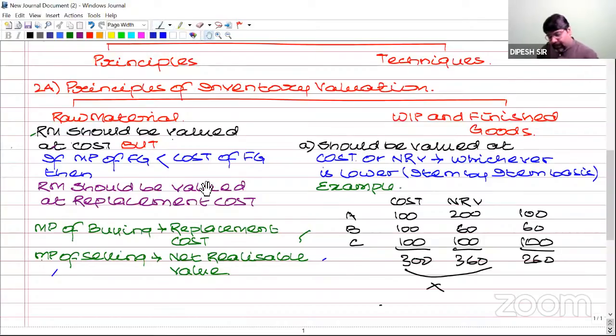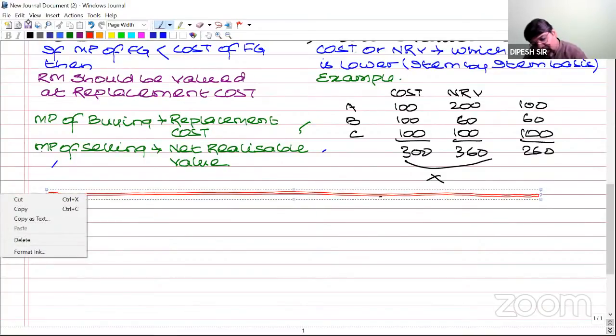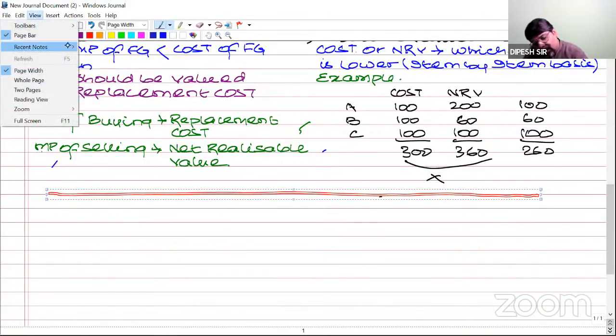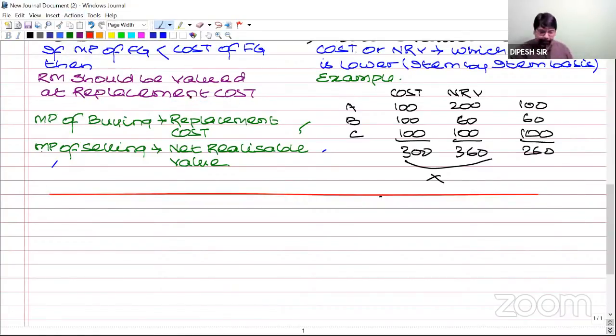Now, chartered, over here there are two things. One is cost, one is NRV. So let us understand the meaning of NRV.